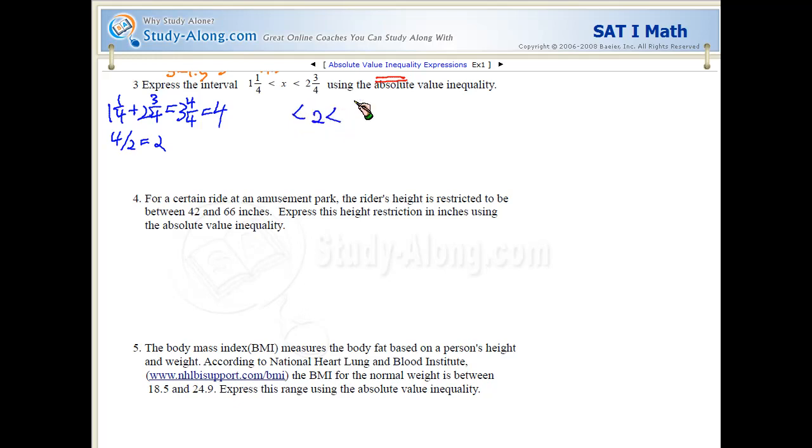And how much more do you have to add to get to 2 3/4? It's pretty simple, just 3/4. So it's actually 2 plus 3/4 and, oh, I'm sorry, this is actually x. So x. And how much do you have to add to get to here? 2 minus 3/4.